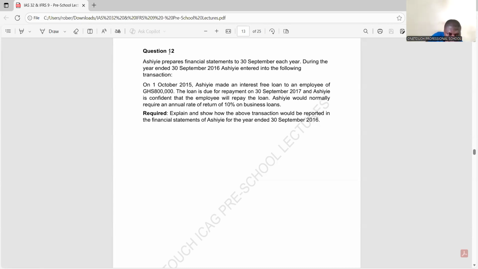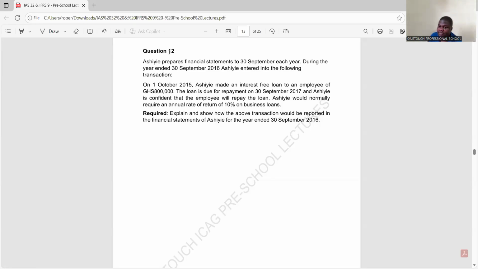On 1st October 2015, Ashie made an interest-free loan to an employee of 800,000 Ghana cedis. The loan is due for repayment on 30th September 2017, and Ashie is confident that the employee will repay the loan. Ashie will normally require an annual rate of return of 10% on business loans.